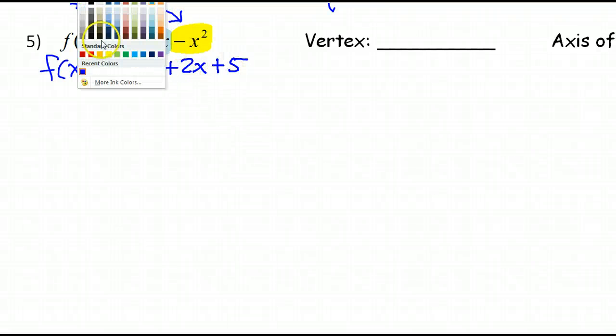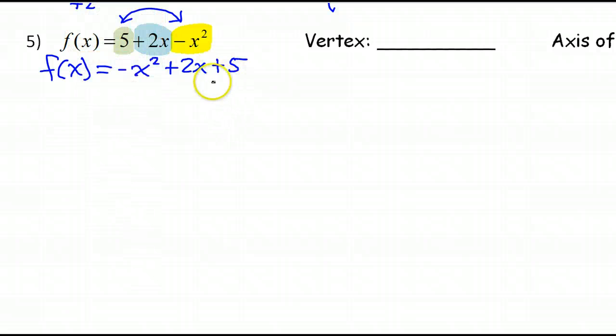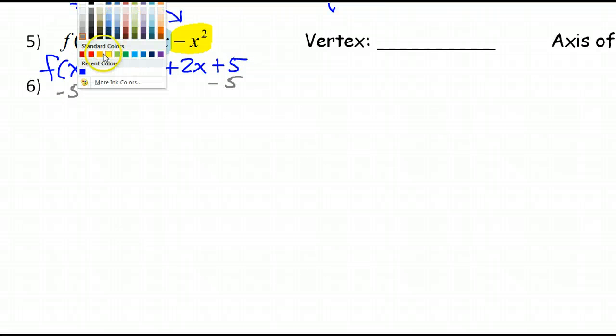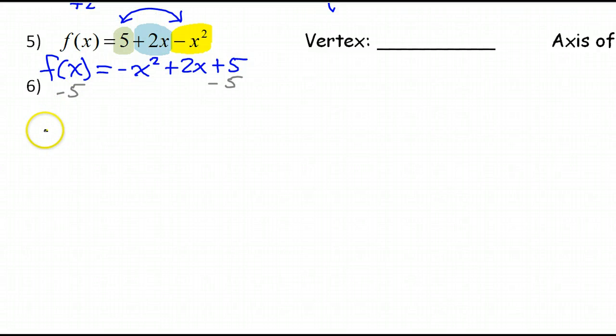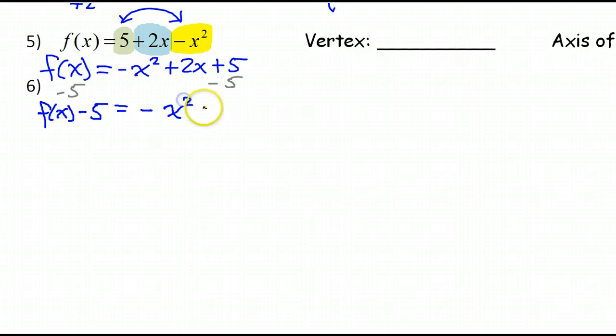Now I can go ahead and subtract the 5 from both sides. So this is going to give me f of x minus 5 is equal to negative x squared plus 2x.